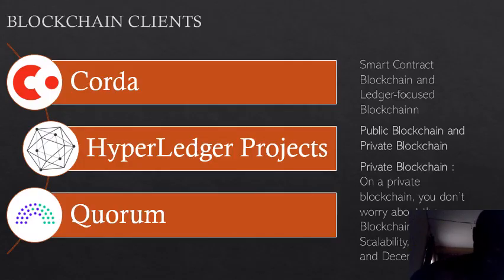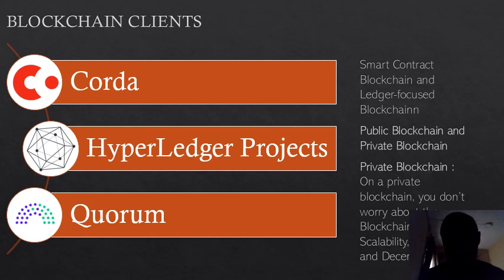So now for blockchain clients, some of the blockchain clients that we have. When I say blockchain clients, I mean it's like a software that you can easily use to create your own blockchain network. Now, like I made mention before, there are different kinds of blockchain. We have the smart contract focused blockchain, and then we have the ledger type of blockchain, where you just want to use it for like recording and all that.